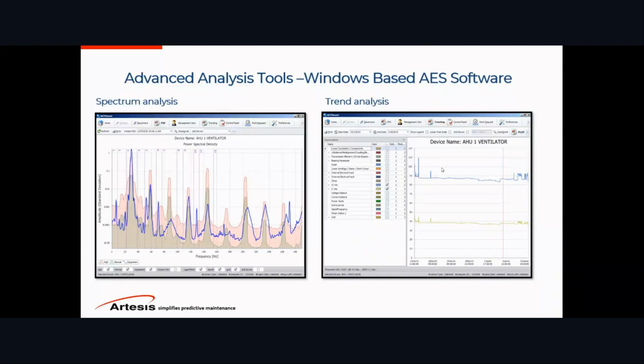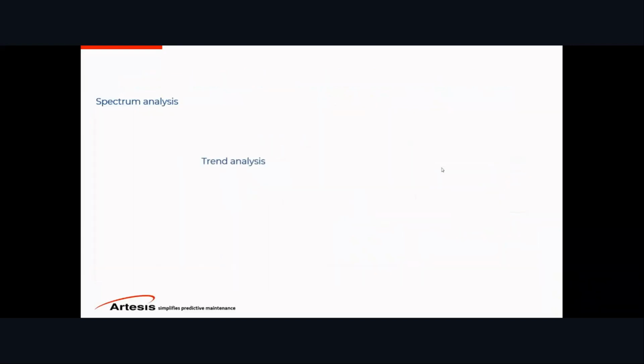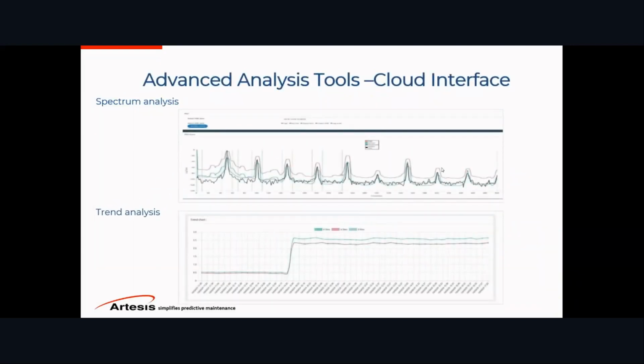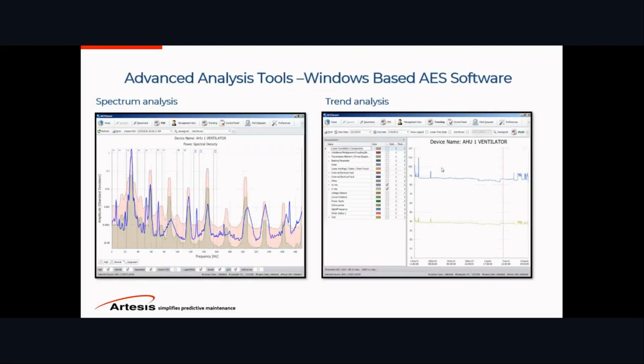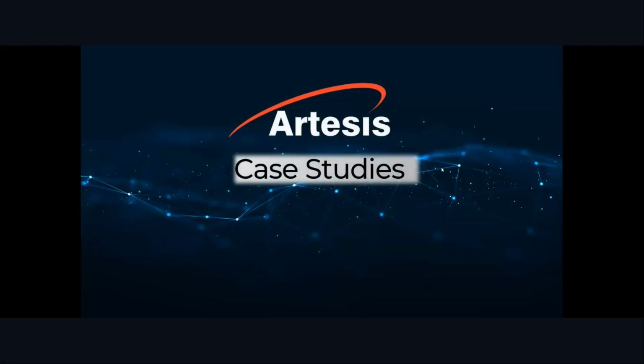So these two tools will be very valuable for advanced analysis. We have these tools available both on the on-premise software and on the cloud software. So that is important.